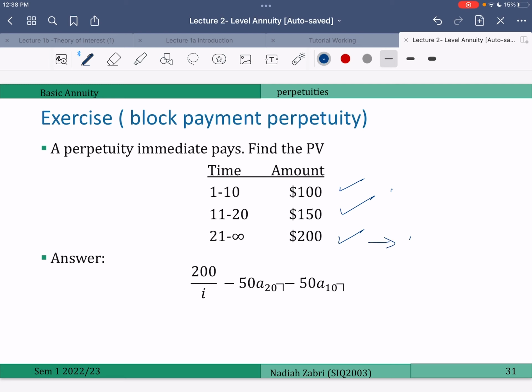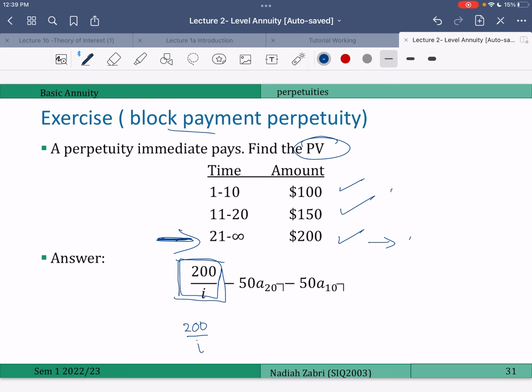So again, if we want to do block payment, remember we need to find from the furthest point and then go towards the evaluation date. Since we are evaluating present value, our evaluation date is time 0. So we start at the very end. The last block is the third block. The third block is $200 for infinity, so you do 200 over i.